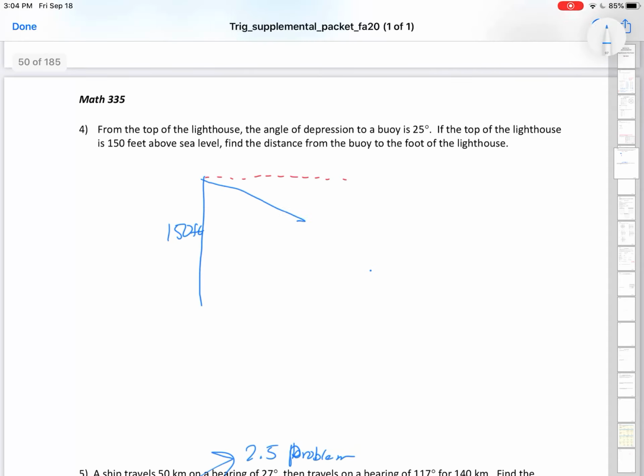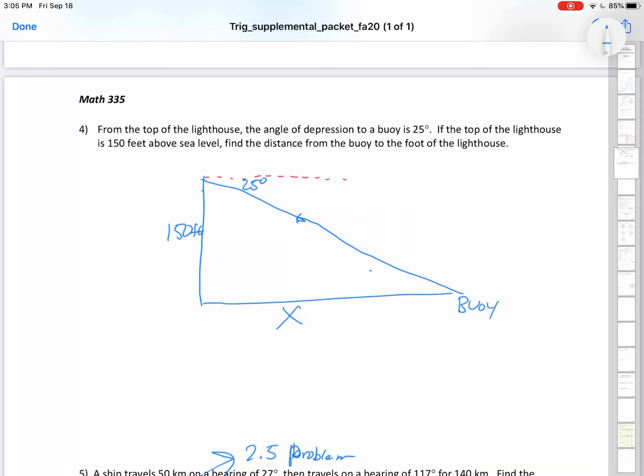The angle of depression is 25 degrees. And here's my buoy, right? It's a buoy that we see. And they want to know, find the distance from the buoy to the foot of the lighthouse. They want to know this.